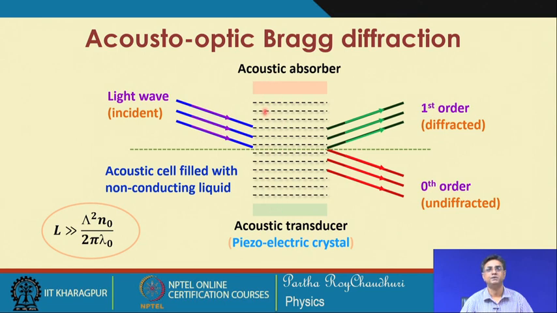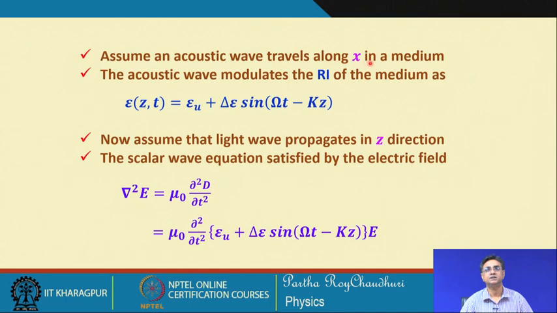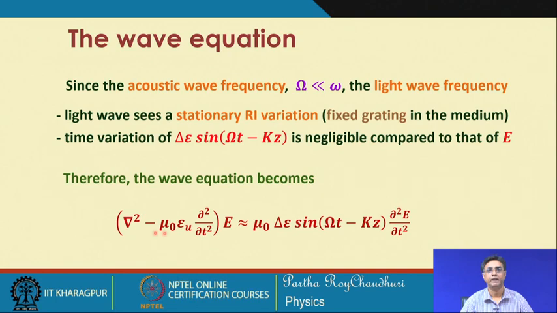So, the acoustic wave is propagating along the z direction, and the light will be propagating in the xz plane. So, this is not correct, this should be z, and the light wave propagates in the xz plane. So, that we have to rectify.